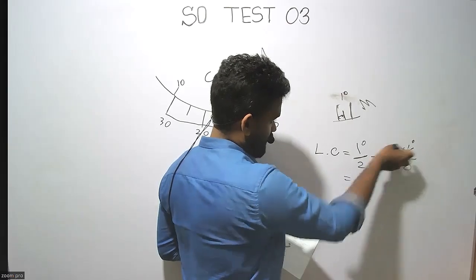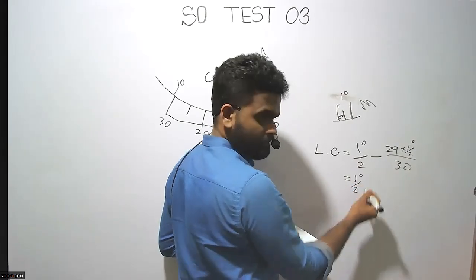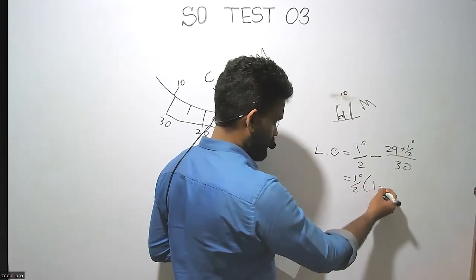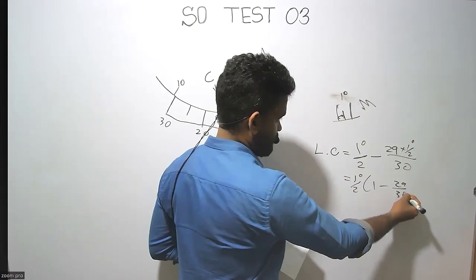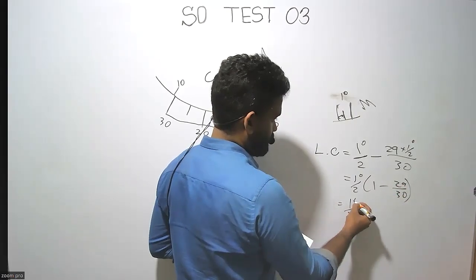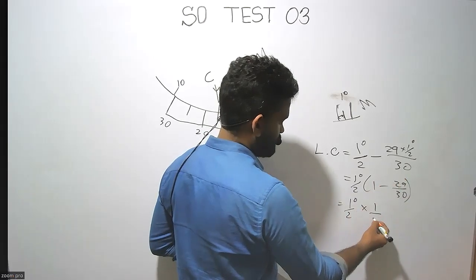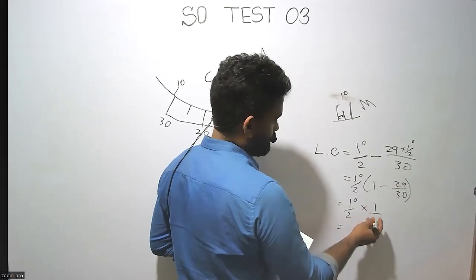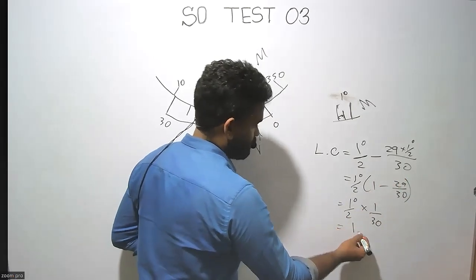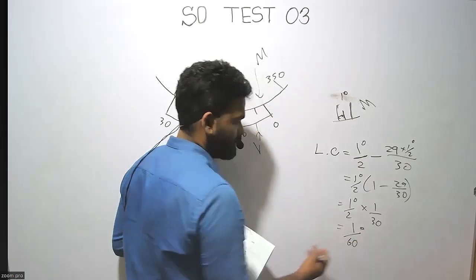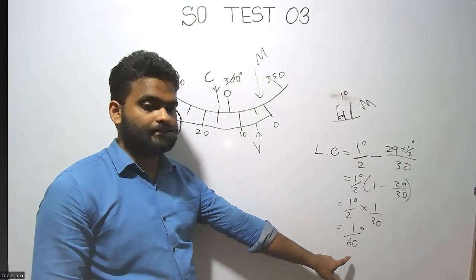Then I am taking half out. So what do you get? 1 minus 29 over 30. Half out. So 30 minus 29, it is 1 over 30, right? So 30 times 2, it is 1 over 60. So 1/60th of a degree.